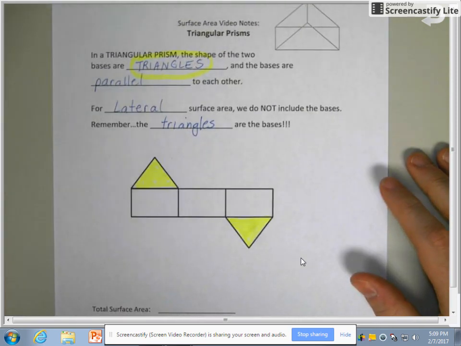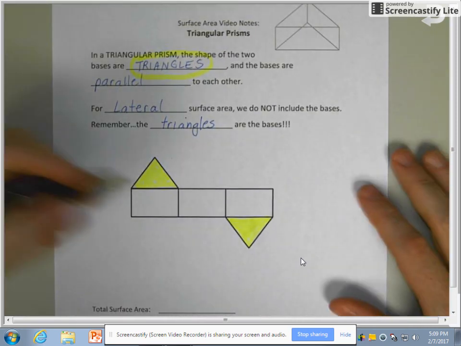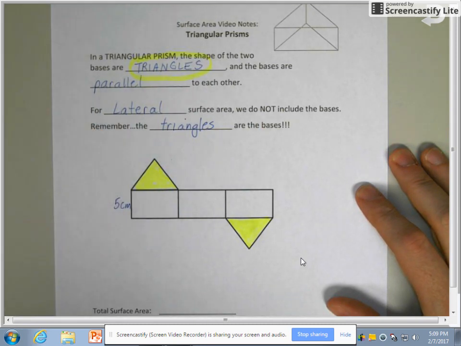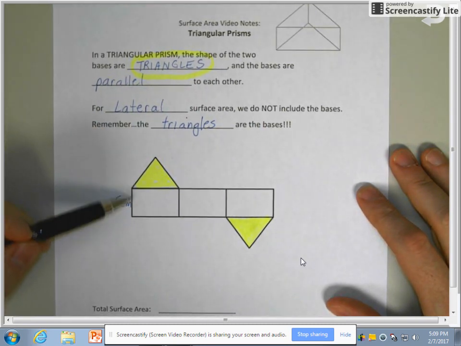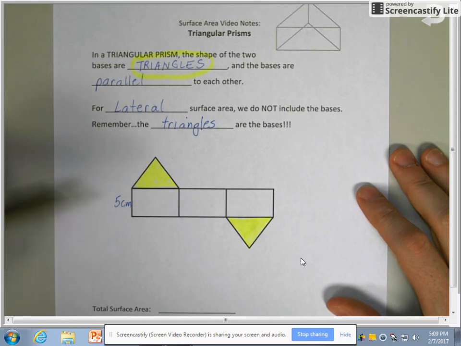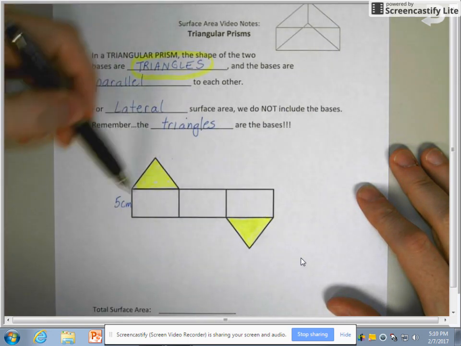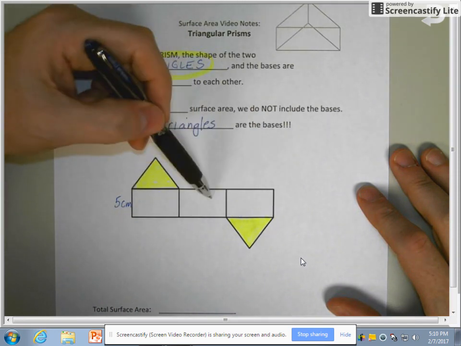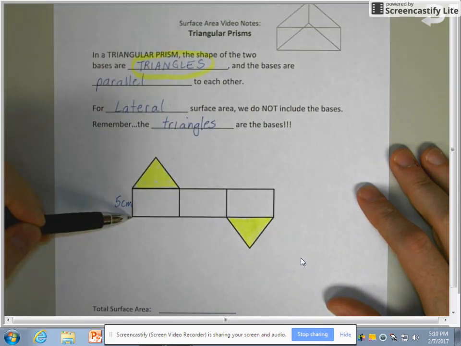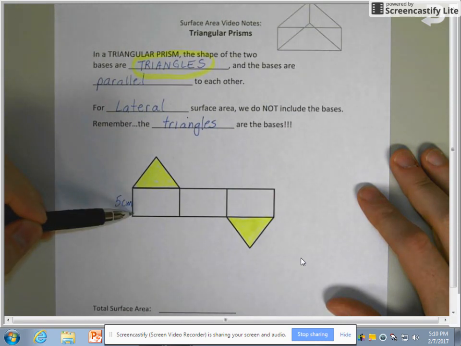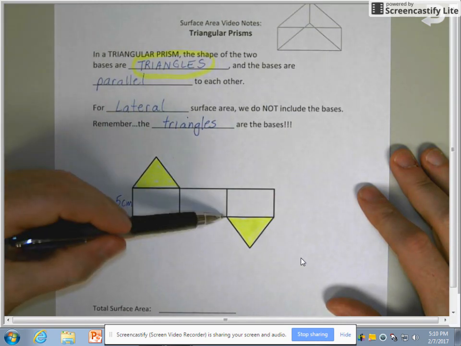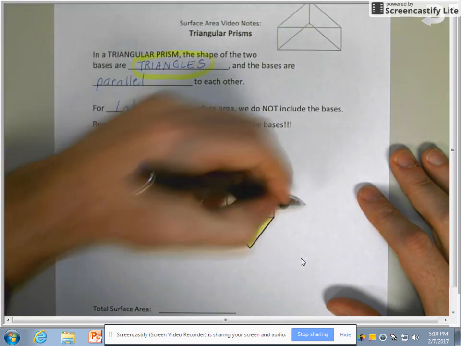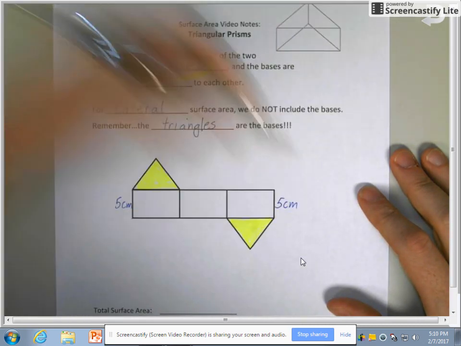So let's use our shape and give it some dimensions. Let's call this piece 5 centimeters from top to bottom. Since this is 5 in this rectangle, it's going to be 5 all along the rectangles, so you can write that it's 5 over here as well.